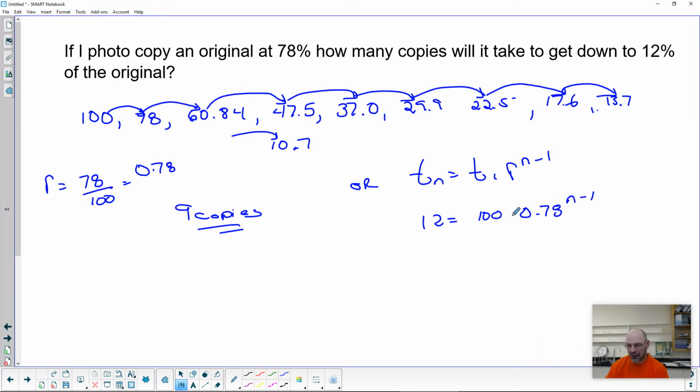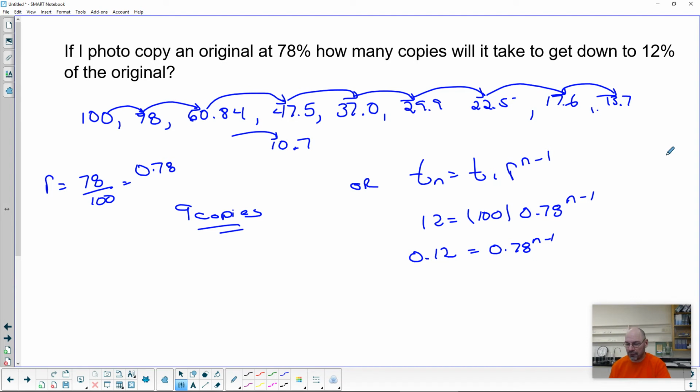You'd divide this out to get 0.12 equals 0.78 to the n minus 1, and then you'd have to raise this to a power until you got that answer on your calculator. This way I find much easier if you just write it out. It's not that long of a question. So that would be the more effective way to do it.